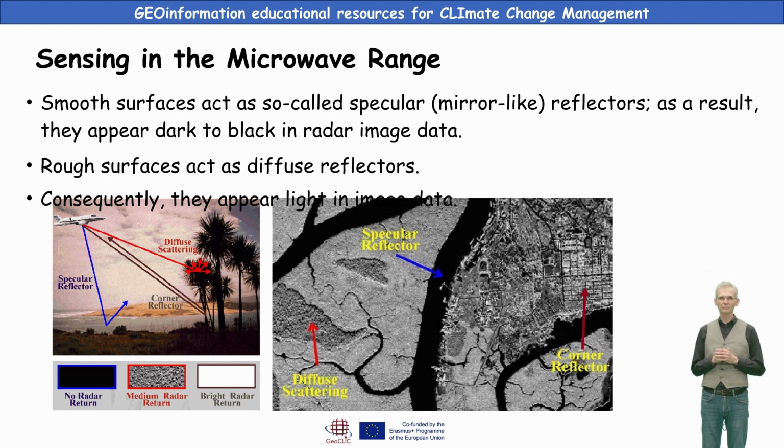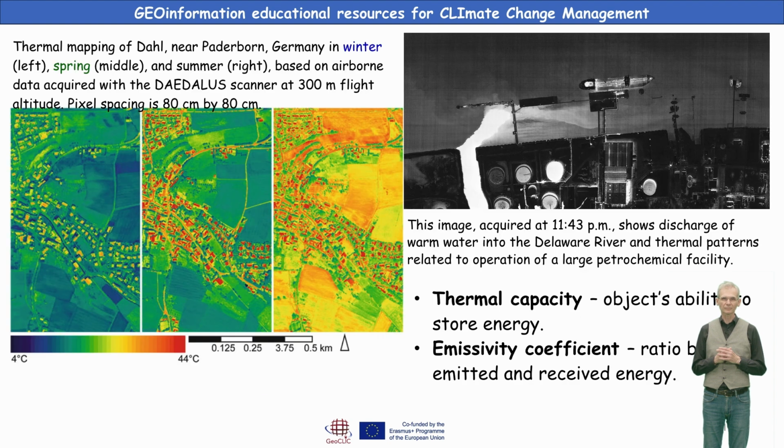As for thermal images, we have already seen that they are created in a different way than images created by reflected spectrum energy. They are created by emitted energy, radiation of heat, that objects have previously accumulated. They are interpreted in such a way that a warmer object appears brighter and a colder one appears darker on thermal images.